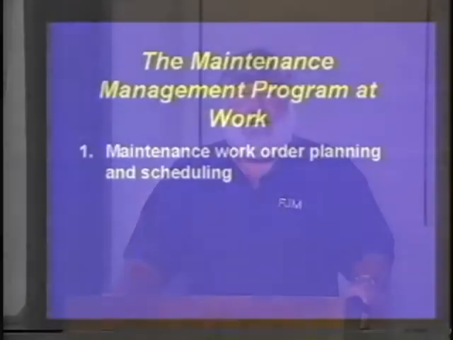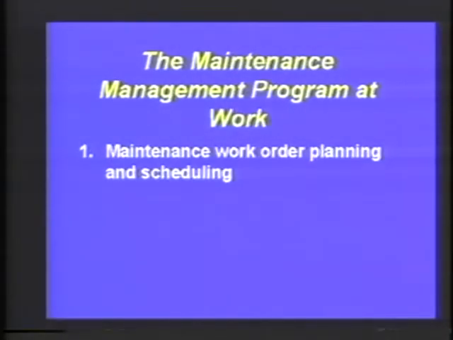in its closeout steps. Now, I'd like to review with you on page number 8 the 4 major planning functions that are integral within CMMS. The first one is the maintenance work order planning and scheduling activity. That is the starting point.